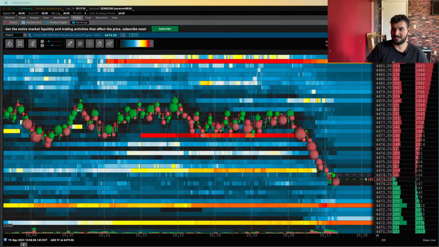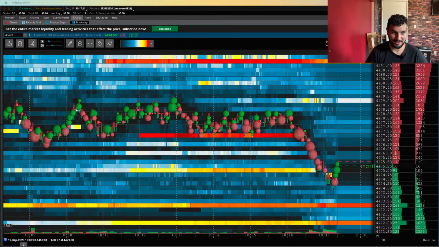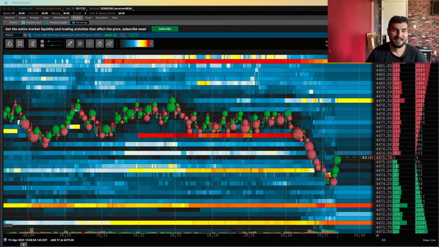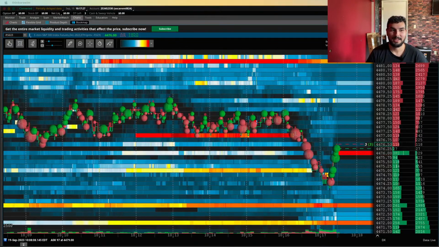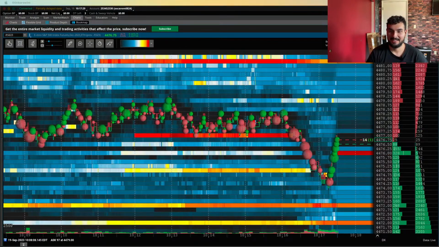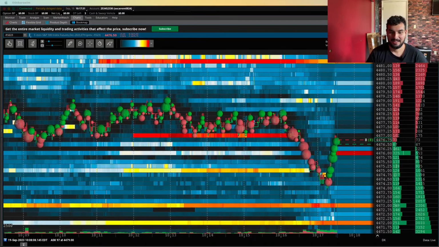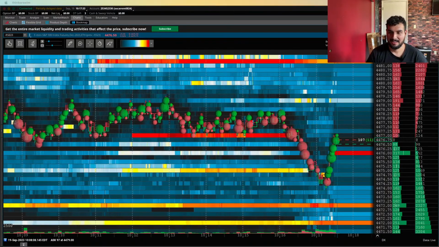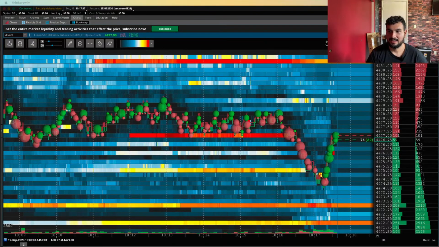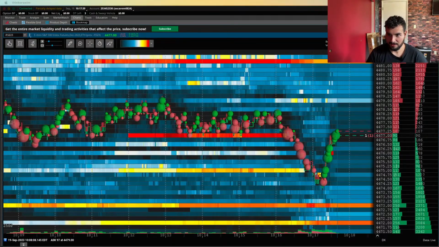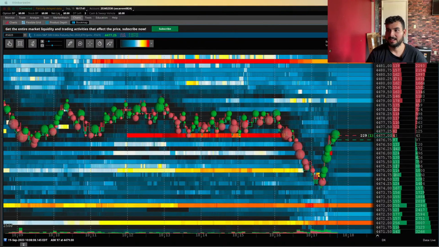Sellers are consistent today after 10 a.m. Oh, I see some buying coming in. Lots of buying. Finally, some type of buying.